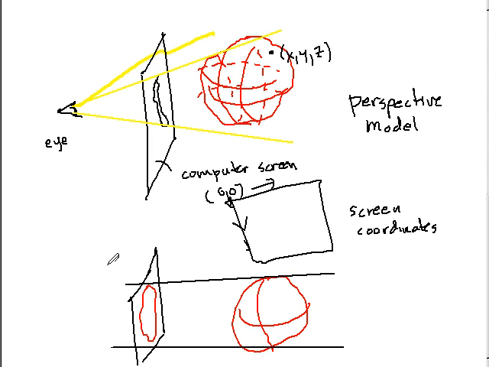Now, this is called the orthographic perspective. So this is orthographic. It's like a point at infinity. It's like your eyeball is infinitely far away, so the lines are basically straight, so it just projects a flat image onto here. There's no kind of perspective.